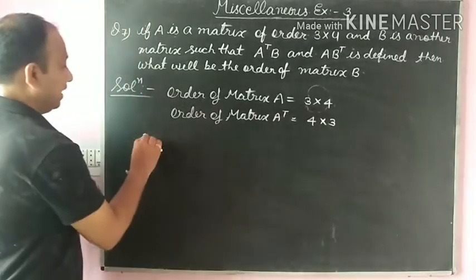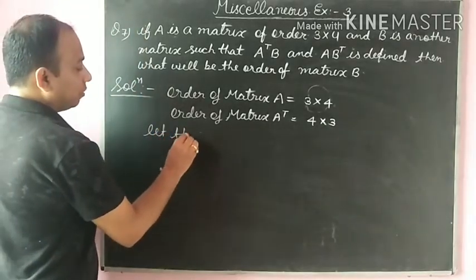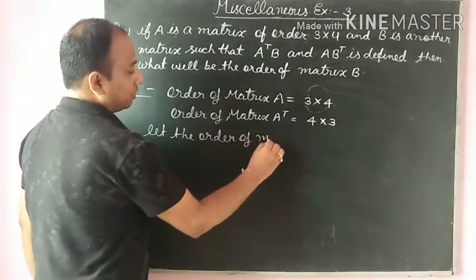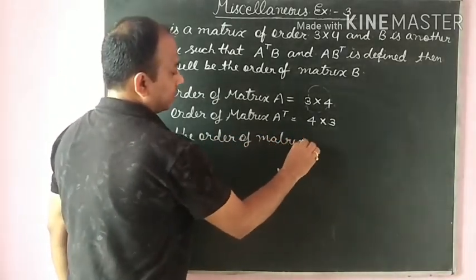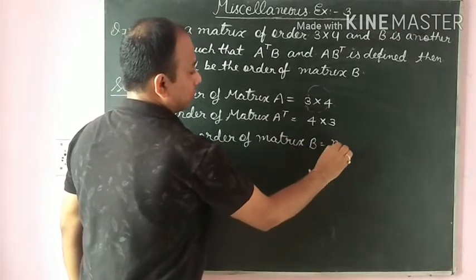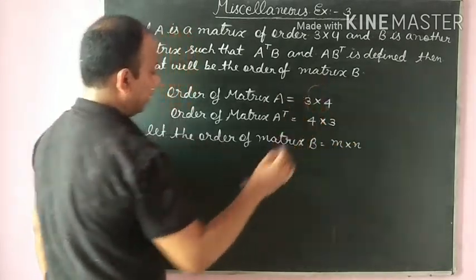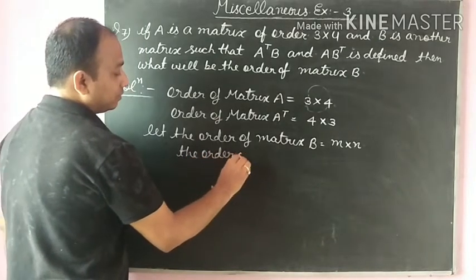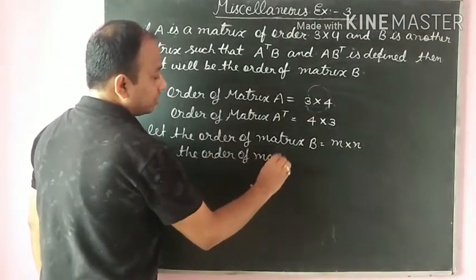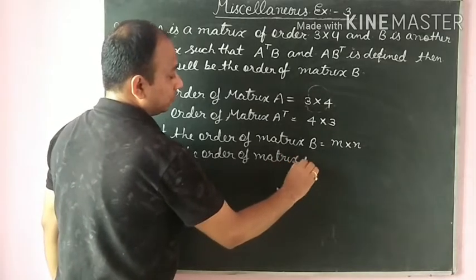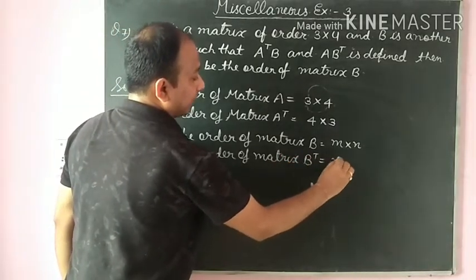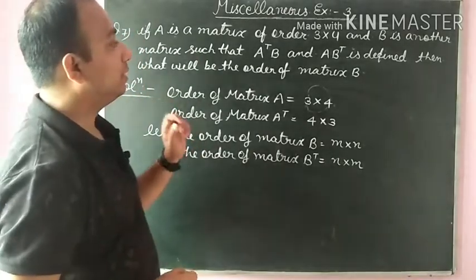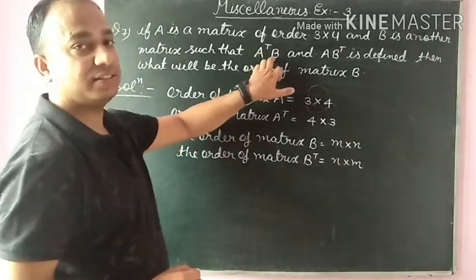Let the order of matrix B equal m by n. Then the order of matrix BT, where we change the rows and columns, is n by m. Clear? Then the first multiplication ATB is defined.